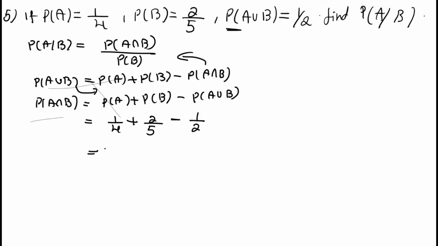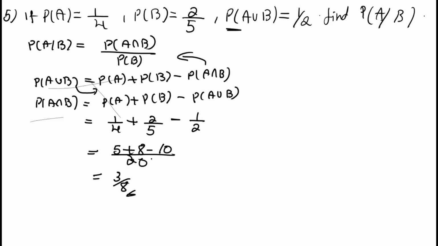The LCM for 4, 5, 2 is 20. 4 5s are 20, so 5 plus 5 4s are 20, so 4 2s are 8, minus 2 10s are 20, you will get 10. In the next step, it's equal to 3 divided by 8.